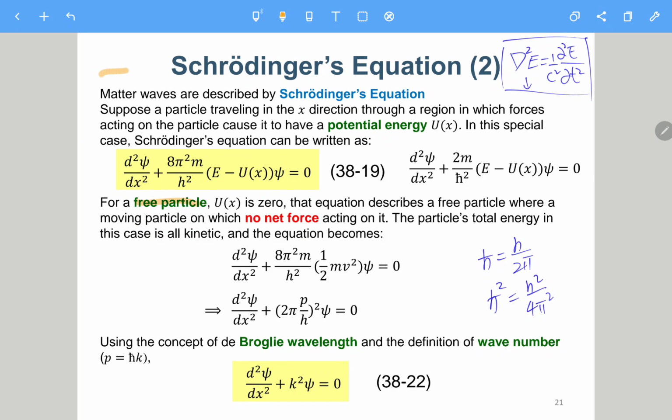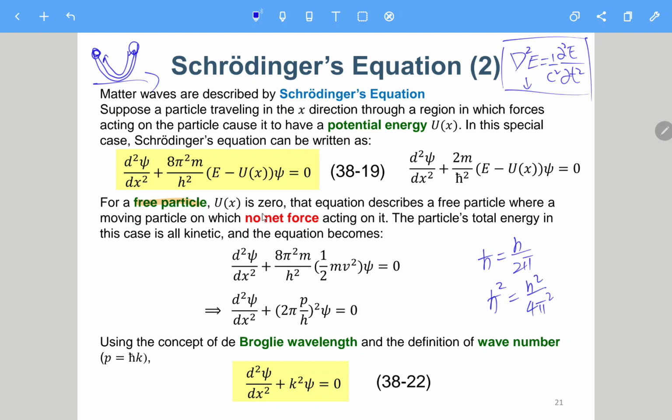So which means that for a free particle, we don't have any potential. Potential is something like, if you have a potential like this, and then you put a ball here, then if there's no loss in between, the ball will roll like this, go to here, and then go back and forth, and so on and so forth. So this is the so-called potential field.